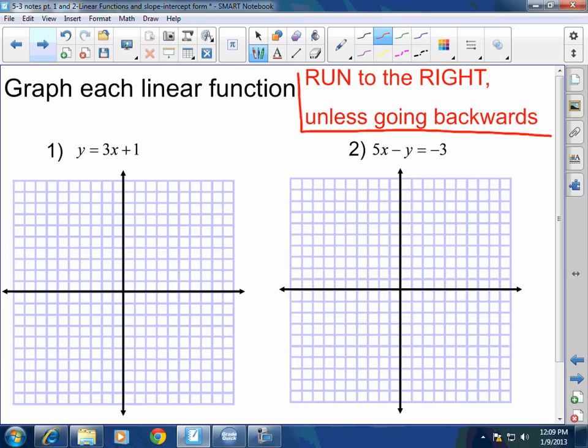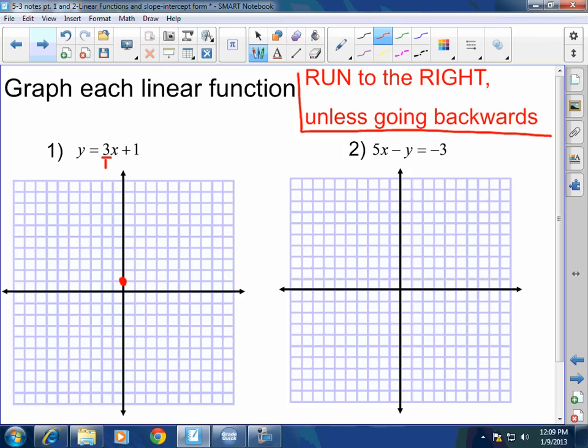So step 1, solve for y. We already solved for y. Step 2, what is the y-intercept here? 1. So I go here to 0, 1. Does everyone see how I got that y-intercept? Now, what's my slope? 3 over 1. Remember, there's a little imaginary 1 there.